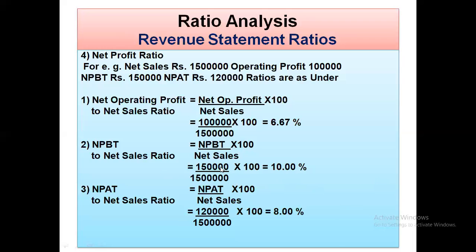Here you are advised that while you calculate the profit ratios, if it is particularly asked to determine a specific profit ratio, then you can determine only that particular profit ratio. Either it can be net operating profit ratio or profit before tax ratio or profit after tax ratio.